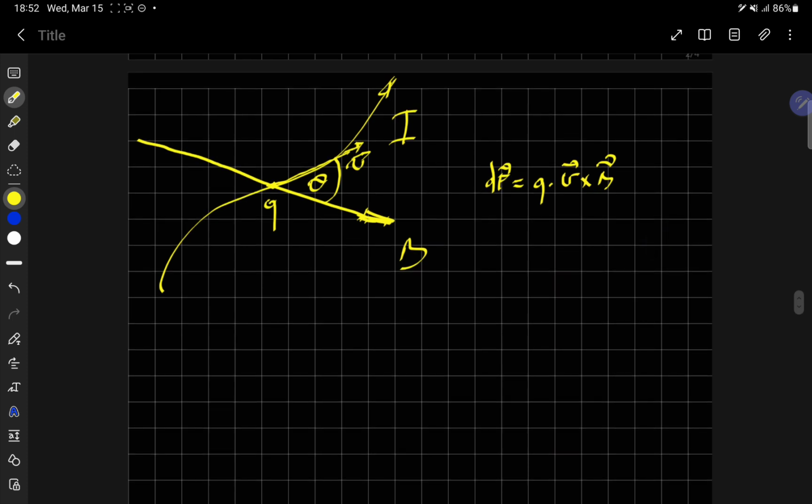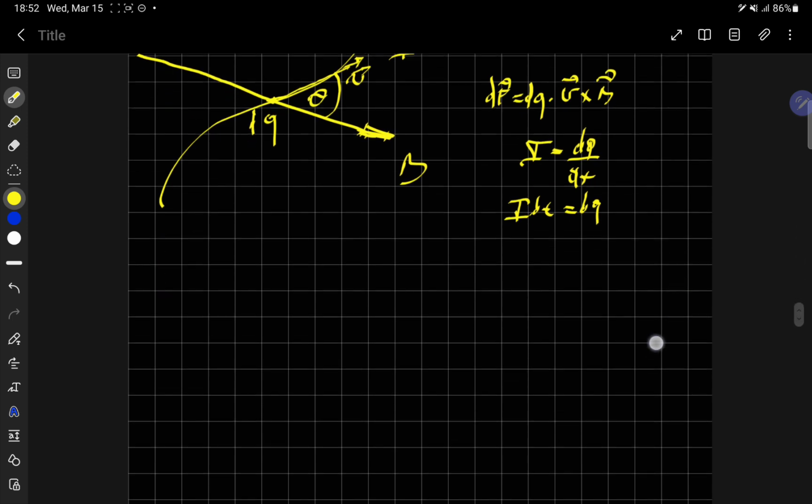The formula for electric current is delta Q over delta T, so we can write delta Q as current times delta T. This is some small delta Q, right?